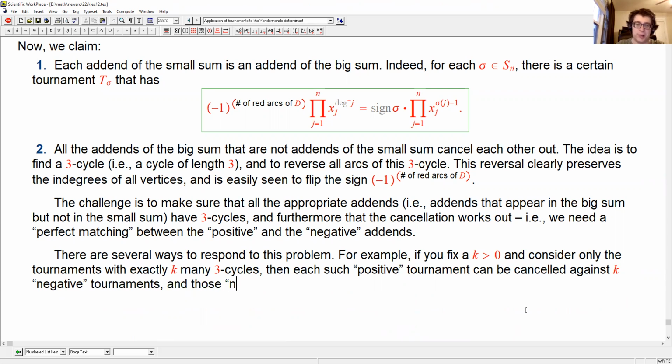And those negative tournaments also have k many 3 cycles.